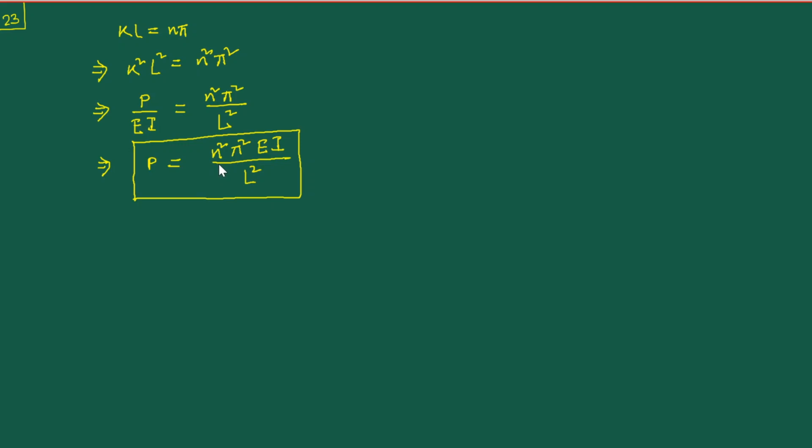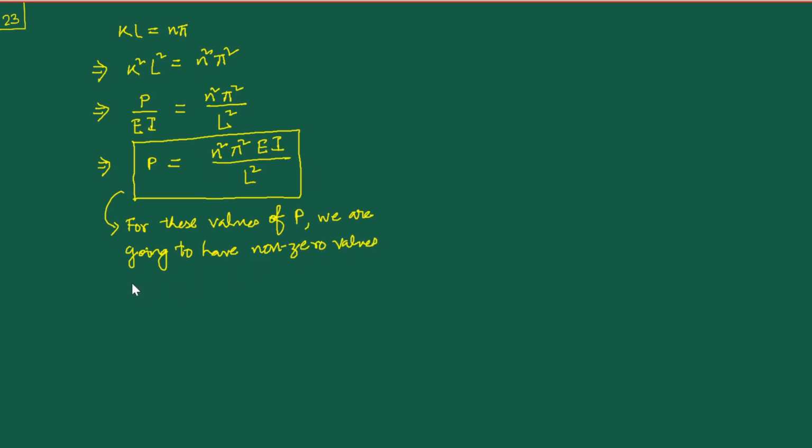Buckling should occur means that you are going to end up with non-zero solutions of W. So for these values of P, we're going to have non-zero values of W, which is just a different way of saying that non-zero values of W exist, means that buckling has occurred.